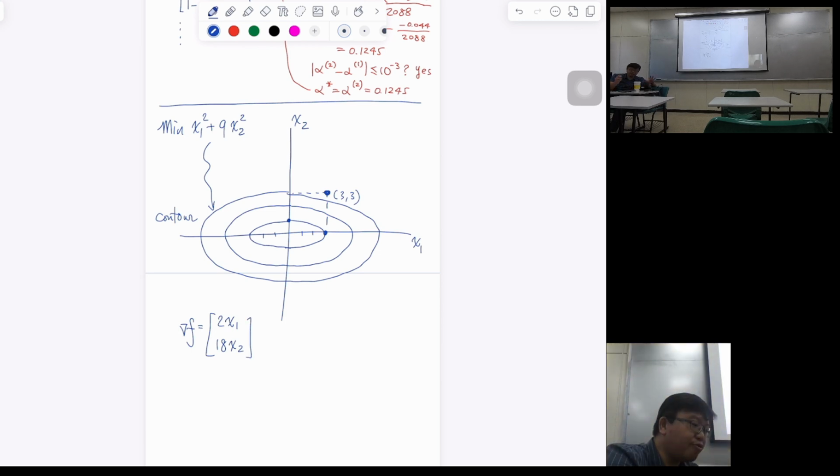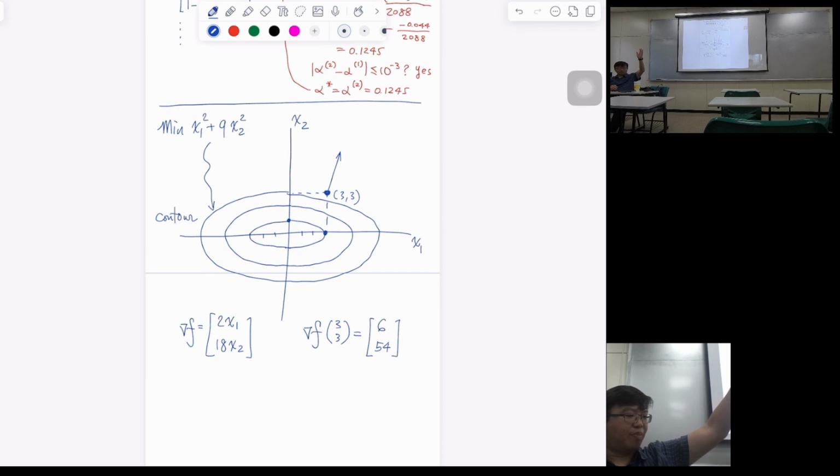And if you plug in 3, 3 into the function, the gradient at 3 and 3 equals 6 and 54, right? So it's going to be like this. A vector going upper right. Mostly up, right?